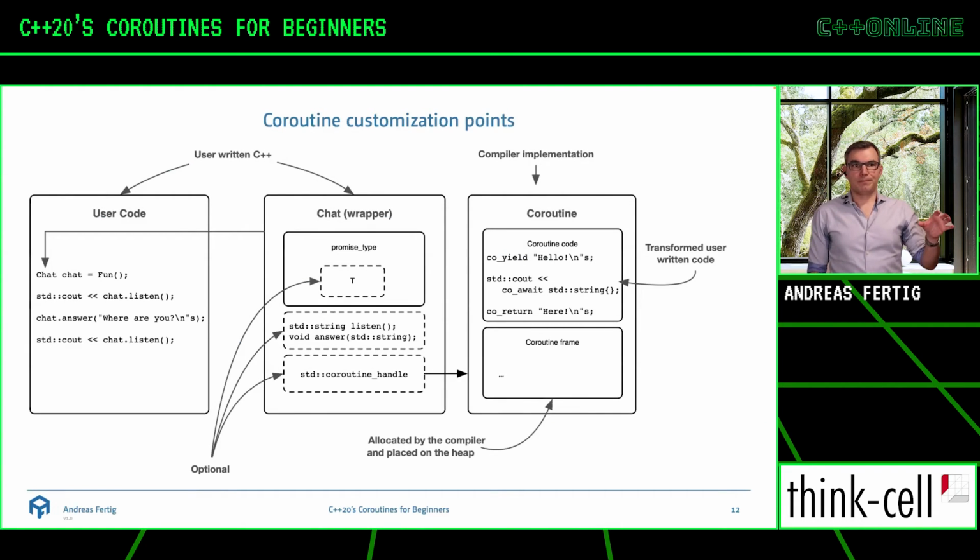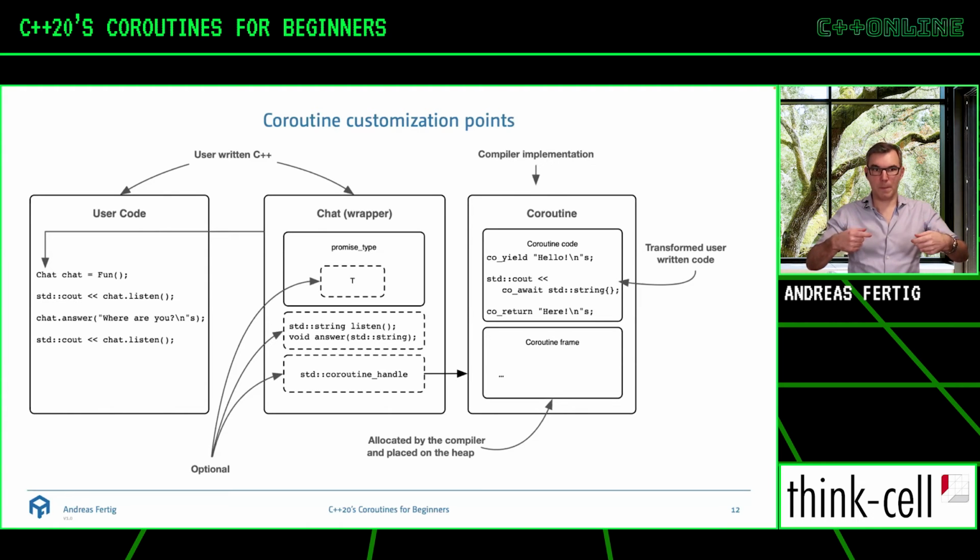In a picture, from the left to the right, we have our user code. So this is from the function use, where I call my coroutine fun, where I call listen, where I call answer, and listen again. So this is user written code. And then in the middle, I have my type chat, so my wrapper type.